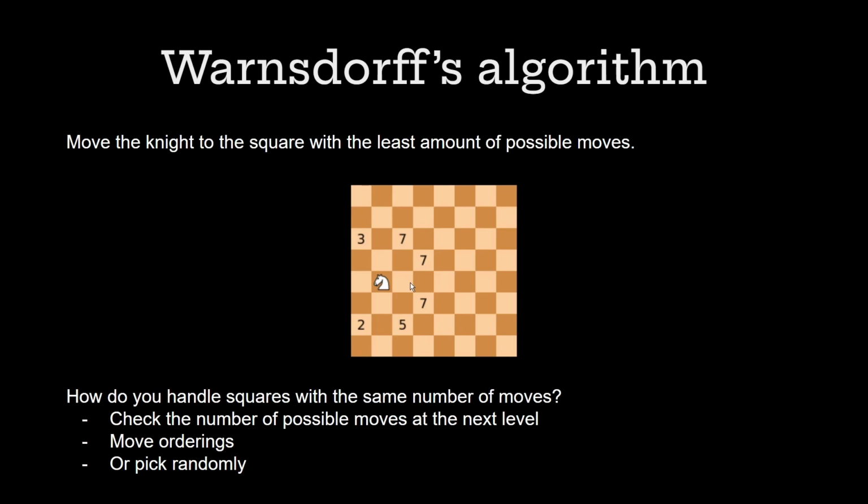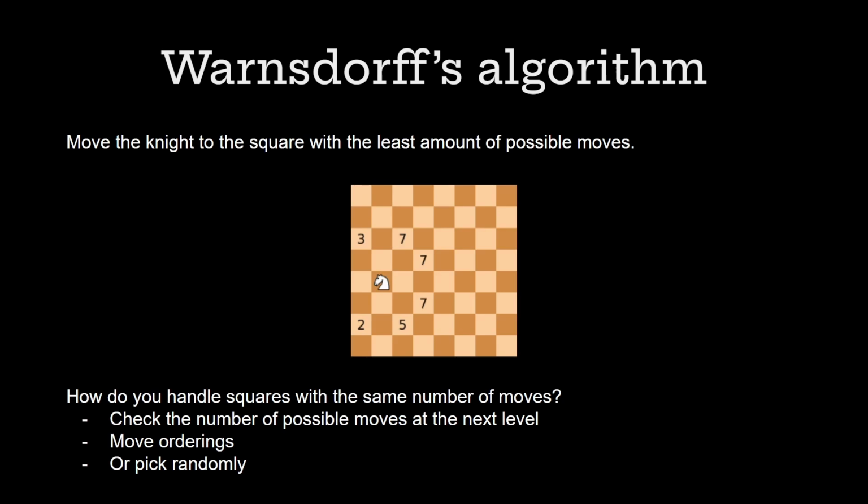First one is check the number of possible moves at the next level, which basically means doing the same thing. After I move here, I would check the number of possible moves that I can make, and then go with the one with the least. Another solution is move orderings. I'm going to put a link in the description to a research paper which talks more about this kind of solution.